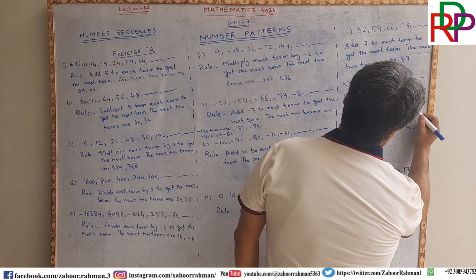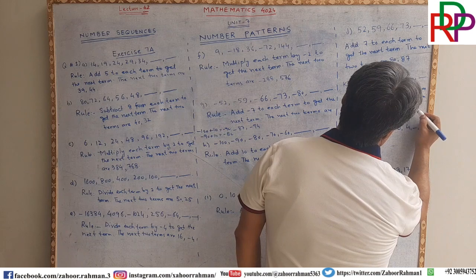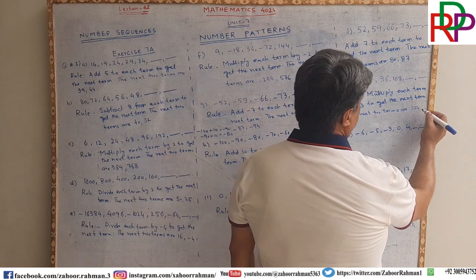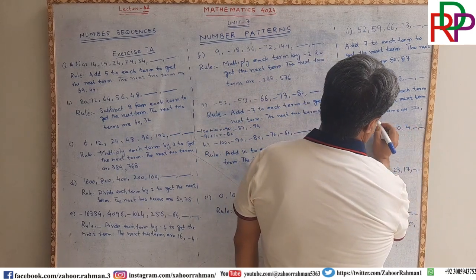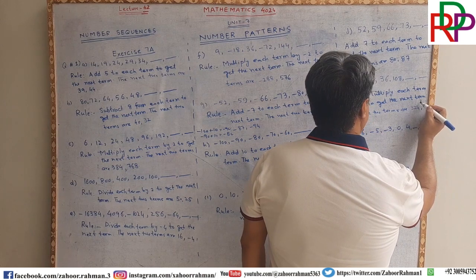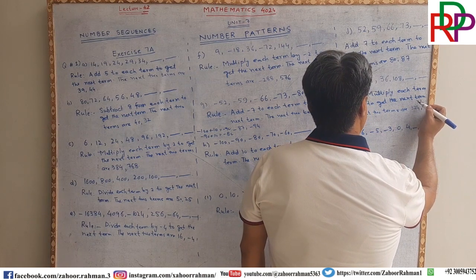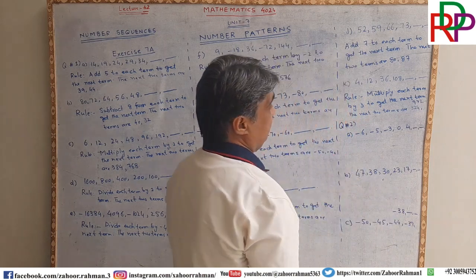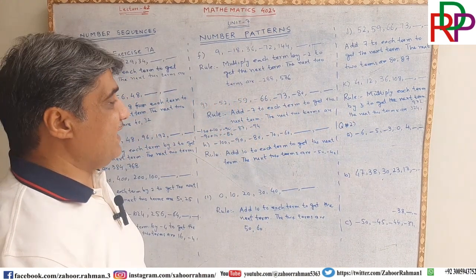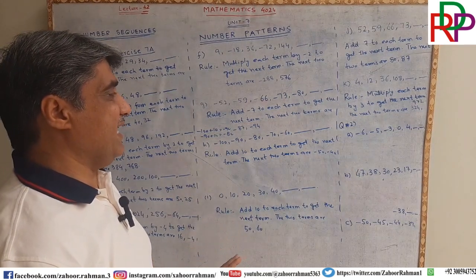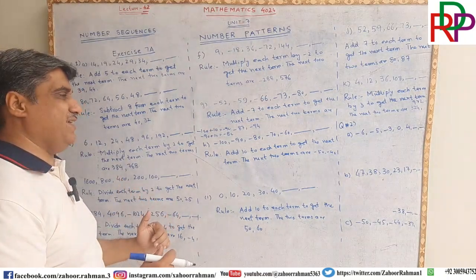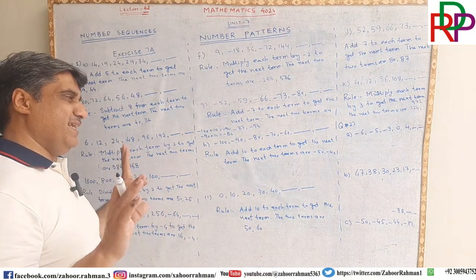So this will be 324. And when we multiply this by 3, so 3 fours are 12, 3 twos are 6, 3 threes are 9, and that will be 324 and 972.